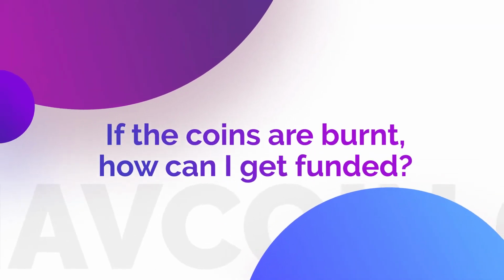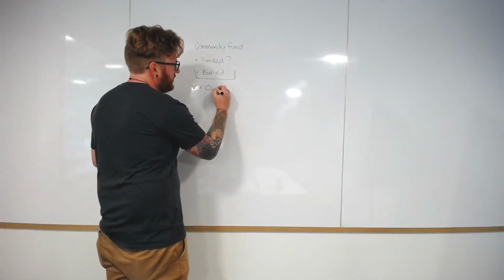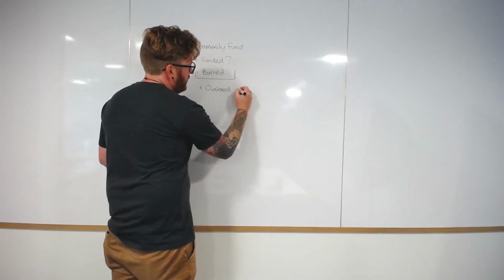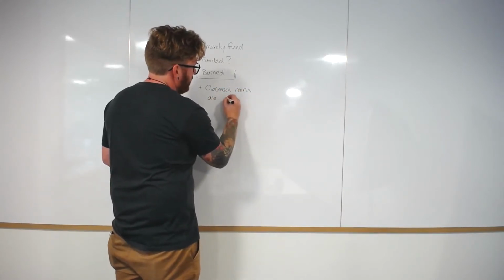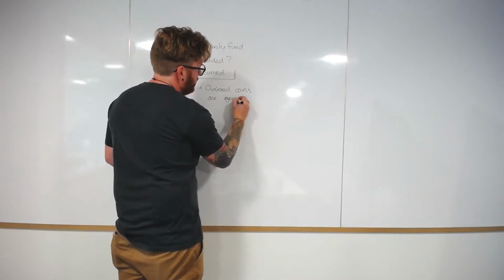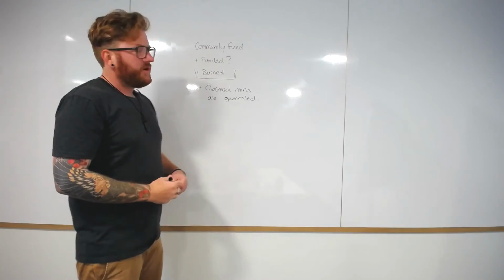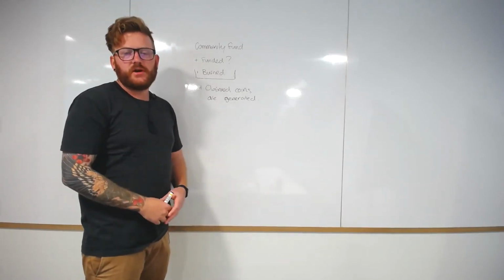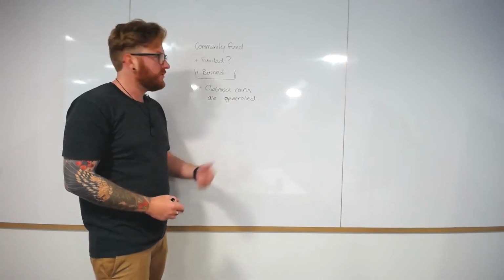And the way that this works is that claimed coins are generated, actually. So when someone has a successful proposal and they're claiming their coins, new coins are actually minted, right?